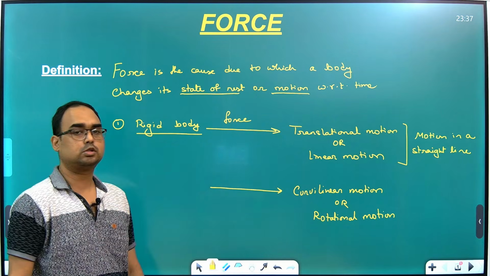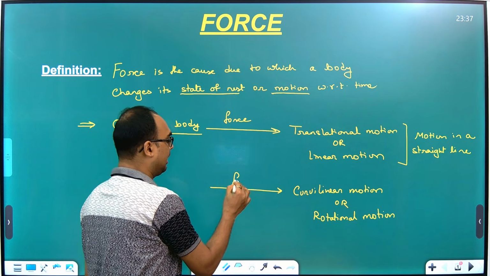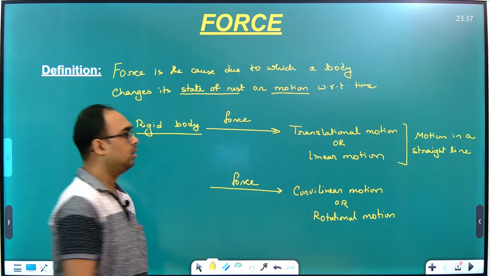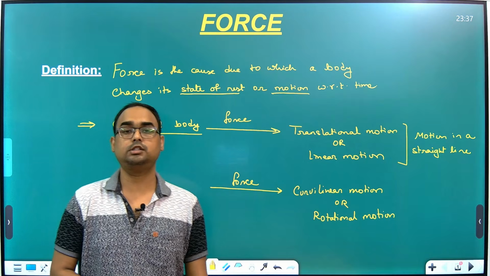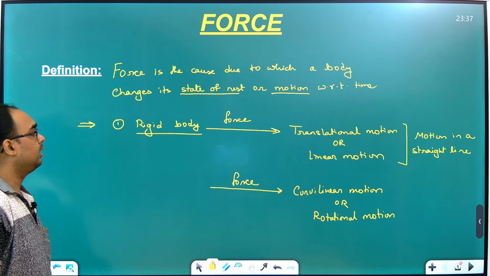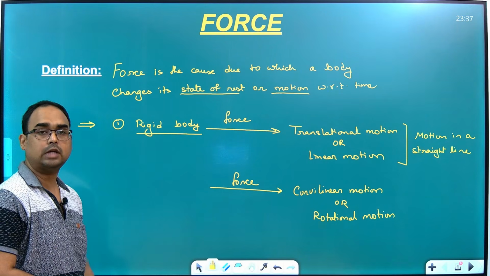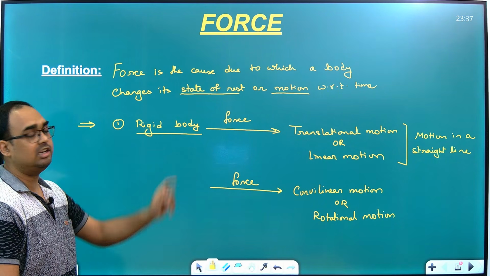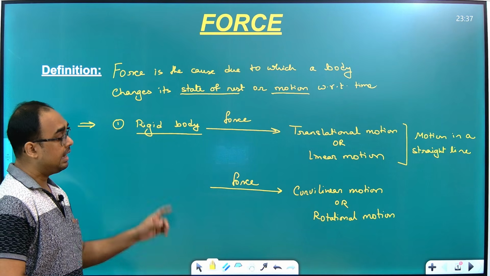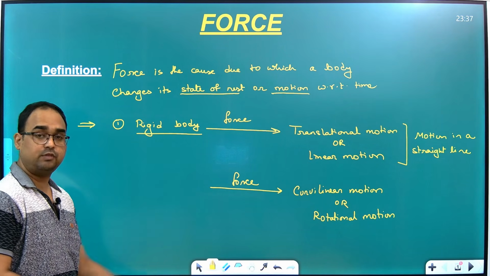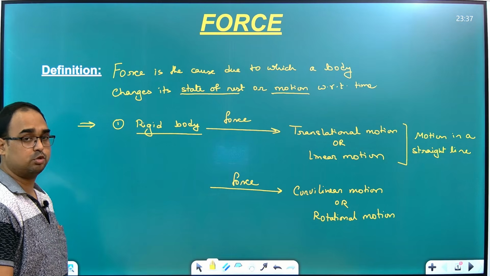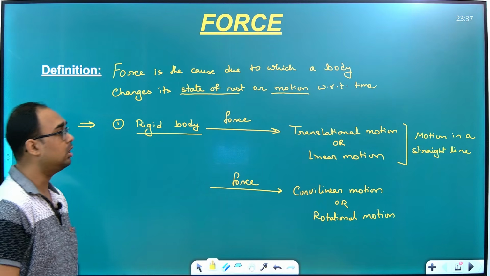So the two kinds of motions that can happen when you apply force on a rigid body: one is translational or linear motion, moving in a straight line, and another one is curvilinear motion, moving along a curve, or a rotational motion, moving in a circular pattern.